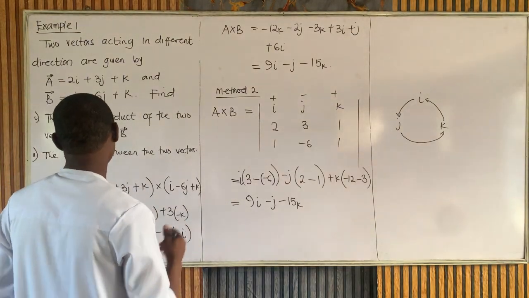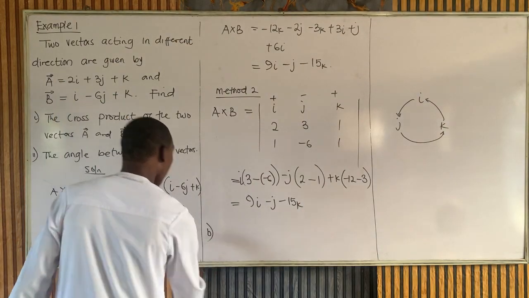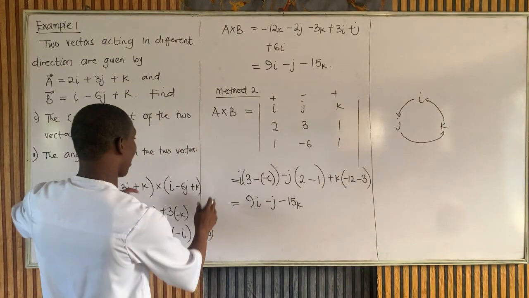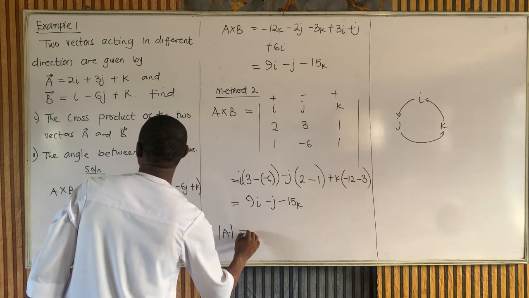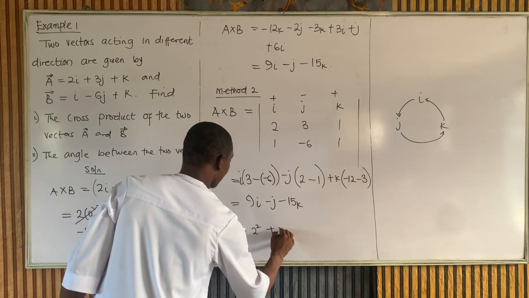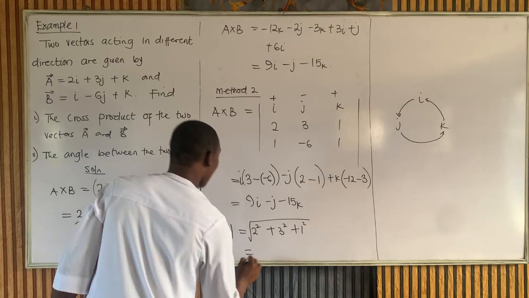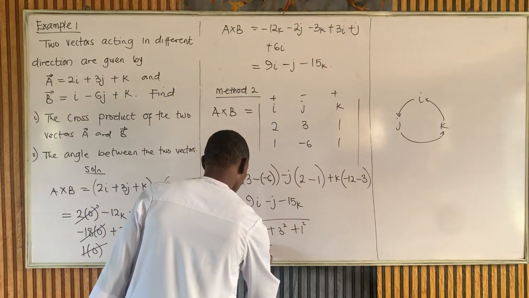Now, though we're not asked to do this, we need it when we're looking for the angle. So let's talk about the angle first of all. To get the angle, we have to do magnitude of A. I'm done with the first part, the cross product. Magnitude of A is going to give us the square root of 2 squared plus 3 squared plus 1 squared, which is 4 plus 9, 13 plus 1, that's 14.